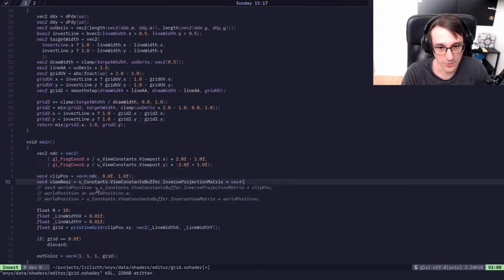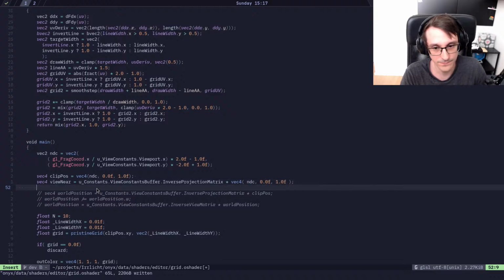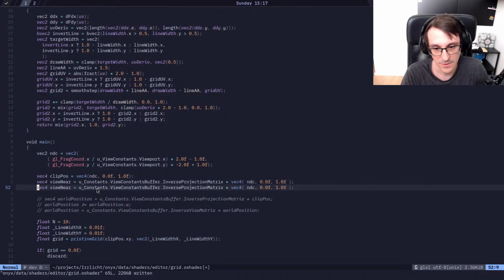Times a vec4 of our NDC and a 0. Now we have a vec4, which is basically the same, just with the 1 here.